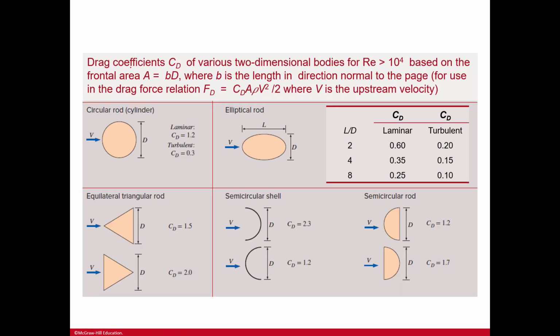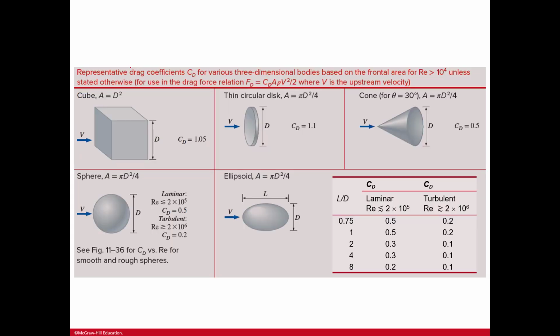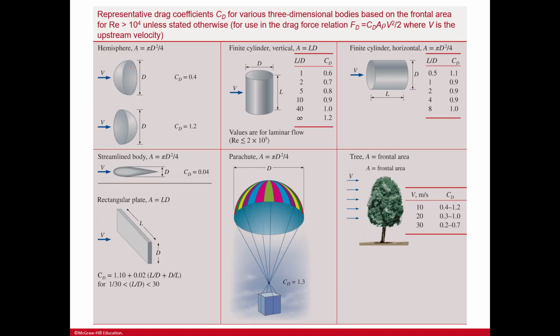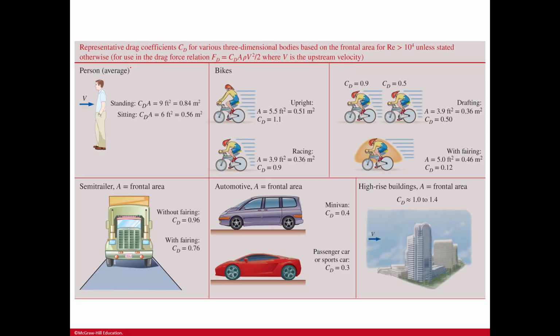And then again, drag coefficients for various two-dimensional bodies for Reynolds numbers greater than 10 to the 4, sorry about that. Again, more drag coefficients, but this is three-dimensional. And again, additional three-dimensional bodies based on the frontal area for Reynolds numbers greater than 10 to the 4. Again, but now you get a person.